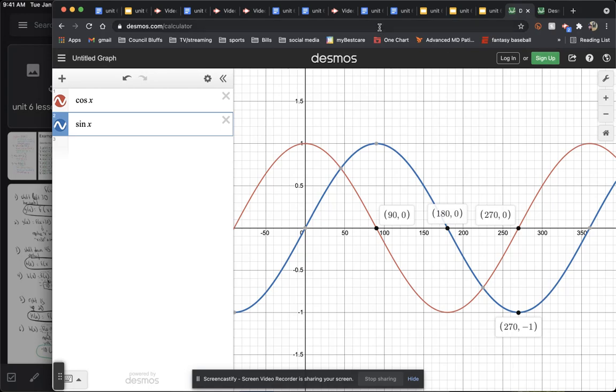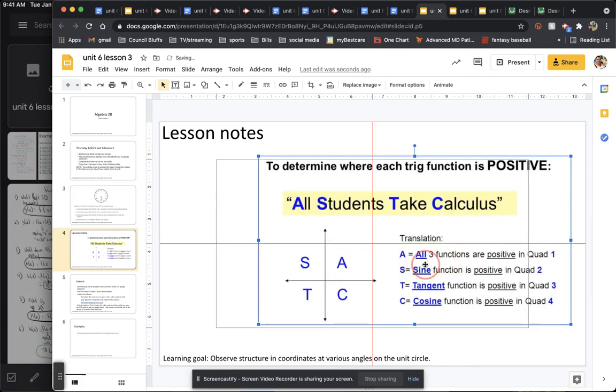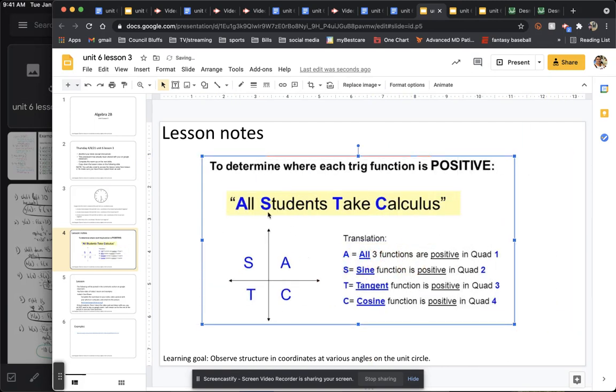And if I didn't do that, I could go back to my lesson notes from lesson 3. I'm looking for where sine and cosine are both negative.